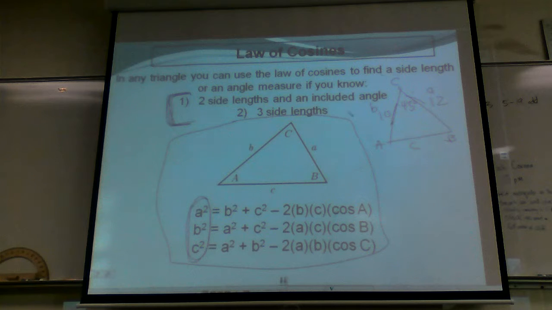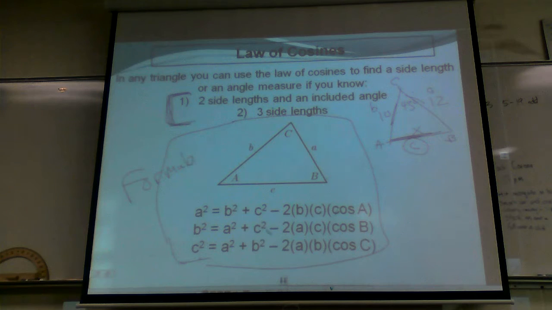So the way I have this triangle labeled, if I asked what's the value of this side, and I labeled it A, B, and C in the manner I did, I would see that C is the side I'm trying to find, so I would use that one. They're all the exact same. The only thing that's changing is where the A's, B's, and C's are. So guys, just get these down.